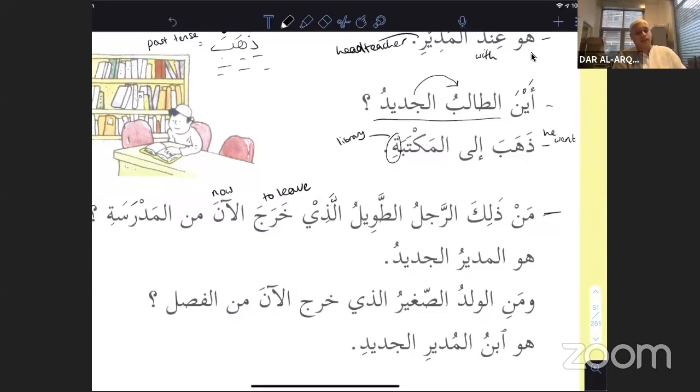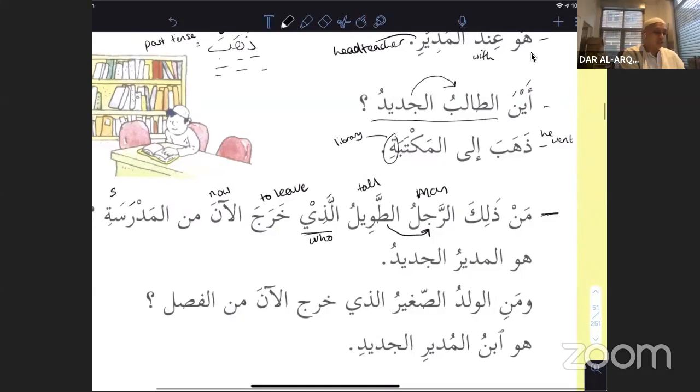Okay, anyways, come back to the translation of the sentence. Who is that tall man? Oops, that's man. Tawil is tall. Tawil is an adjective for rajul. ذلك الرجل الطويل. Who is that tall man? الذي. Who? In this context, I think who would be the best translation. Who left now from the school?